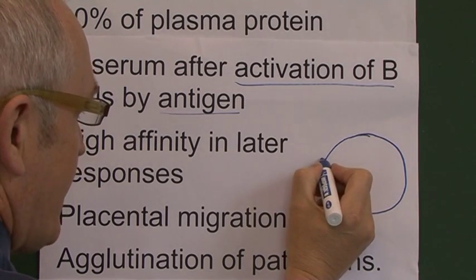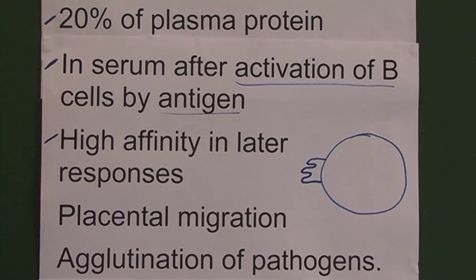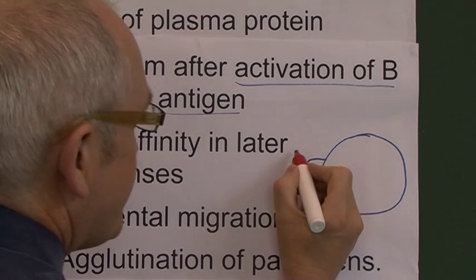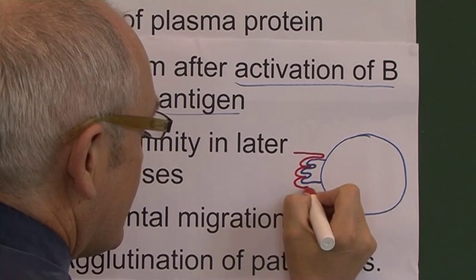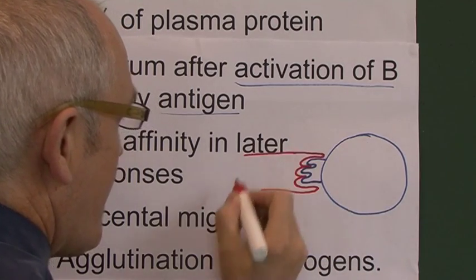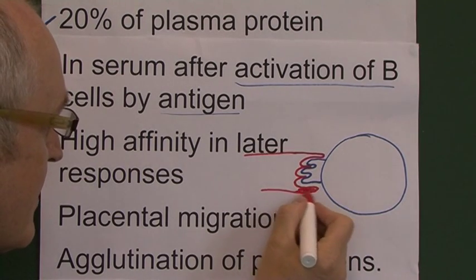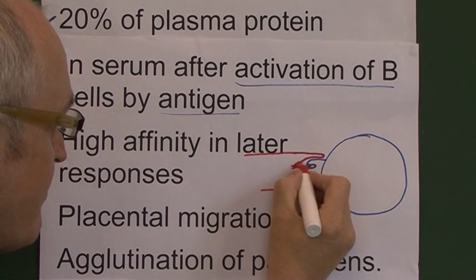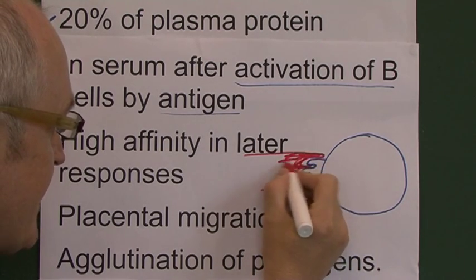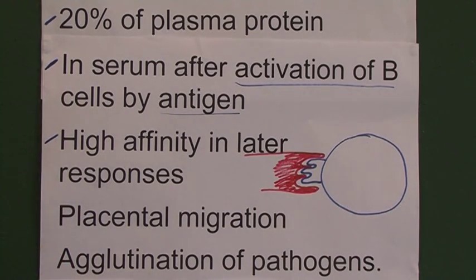The epitope actually might be quite a complicated shape, a much more complicated molecular shape. So the antibody needs to be made, which is a reciprocal shape to that. That would be the arm of the antibody. And it's made more specific. The actual molecular shape of the antibody itself is made more specific to the antigen as the immune response develops.